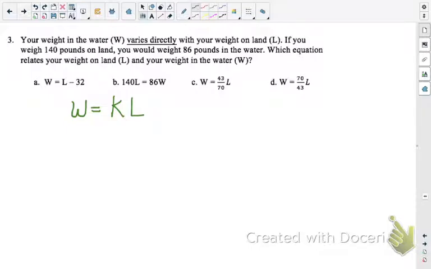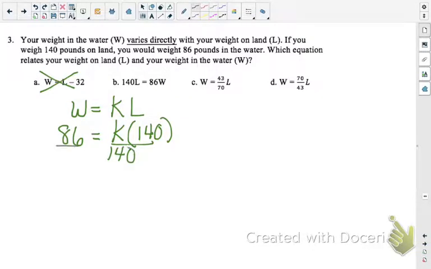Even just looking at these answers, I know I can eliminate A because that has a y-intercept that's not 0. All right, so now I'm going to use the given information, 140 pounds on land, for L, K, and 86 for W. To solve for K, I'm going to divide each side by 140, and when I do that, I get a fraction of 43 over 70.